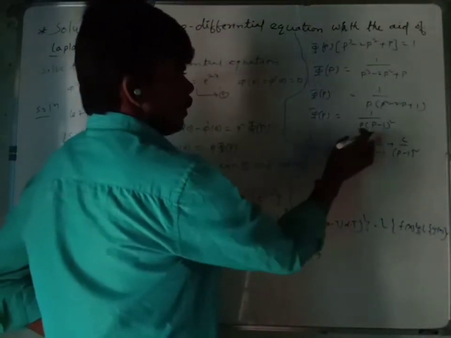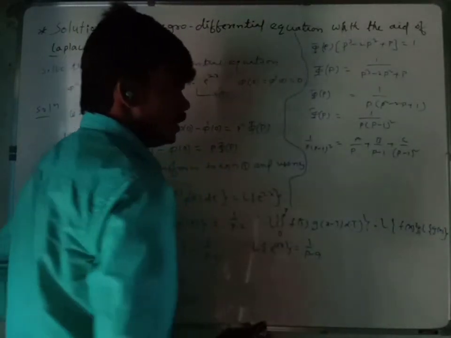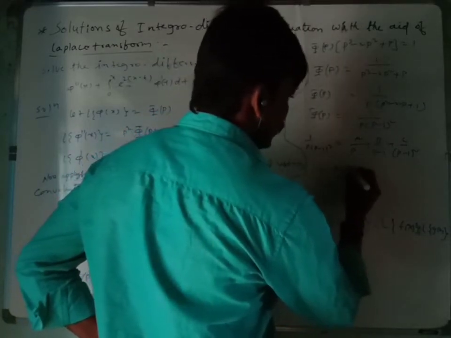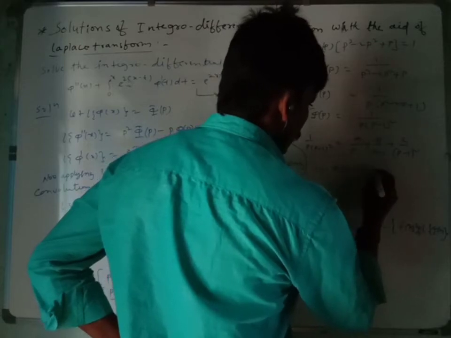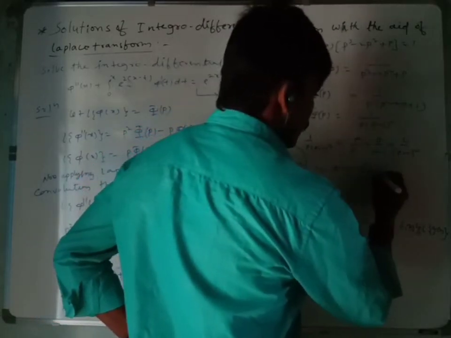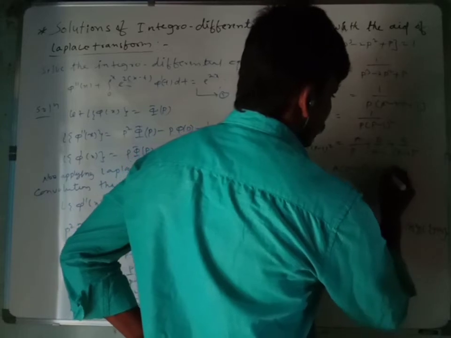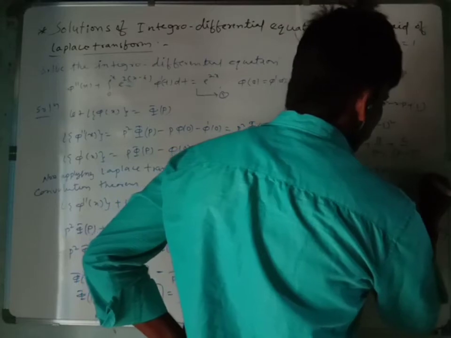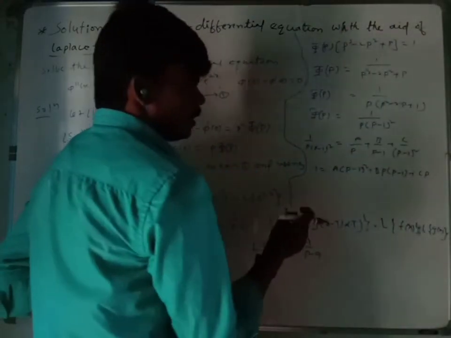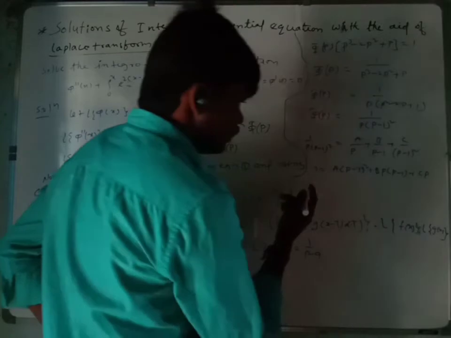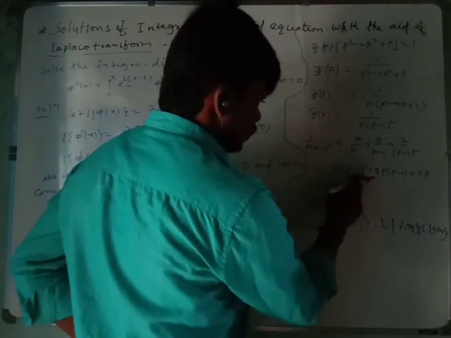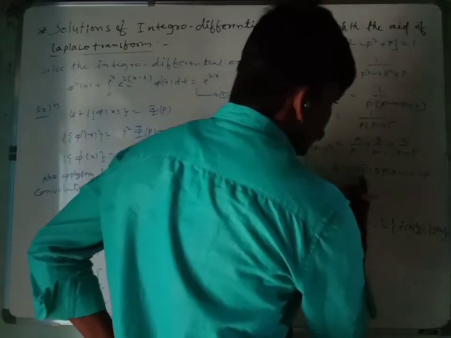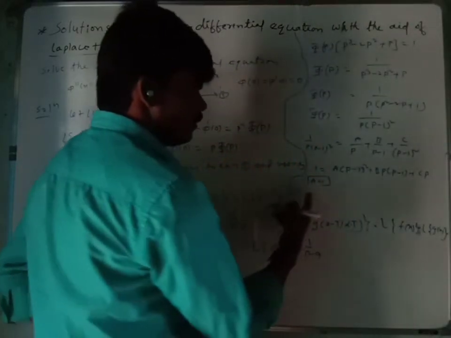Taking partial fractions of this function, now 1 equals a into p minus 1 whole square plus b into p into p minus 1 plus c into p. Comparing the constants, the a value is 1.